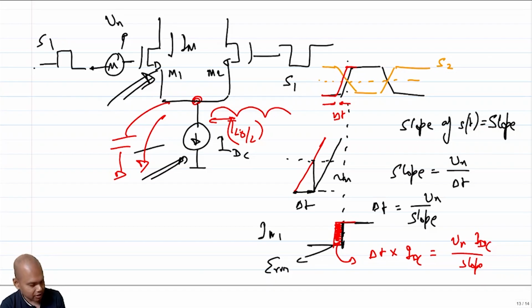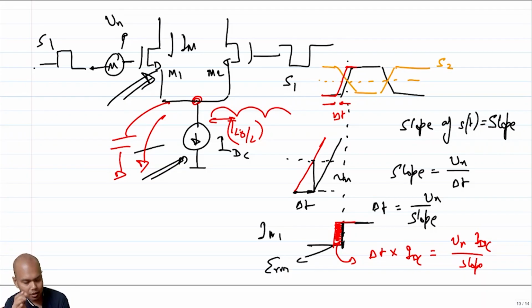What about linearity? It is basically a bunch of switches. As long as you have large enough overdrive in the switches, you have good linearity. If you do not have large enough overdrive, you will have poor linearity. The body wire sometimes can help. We will not get into these things in detail in this course, but sometimes you can modulate the body wire's voltage to ensure that the threshold voltage reduces.